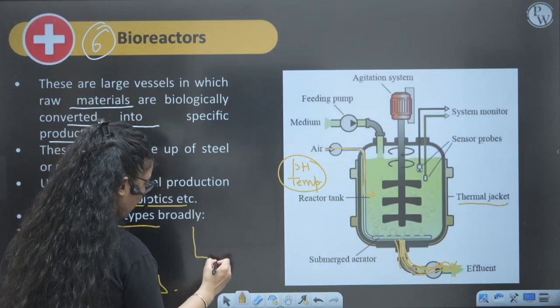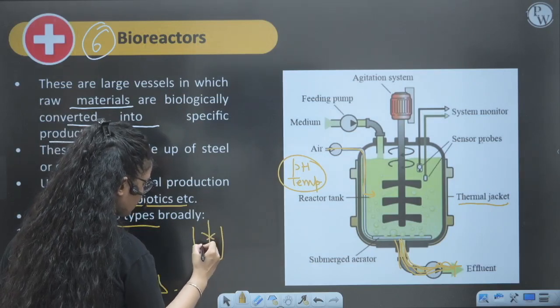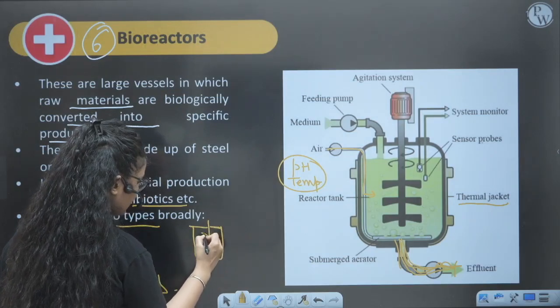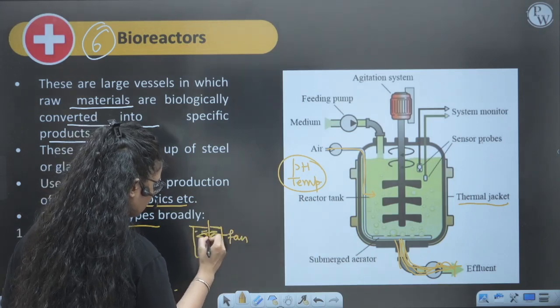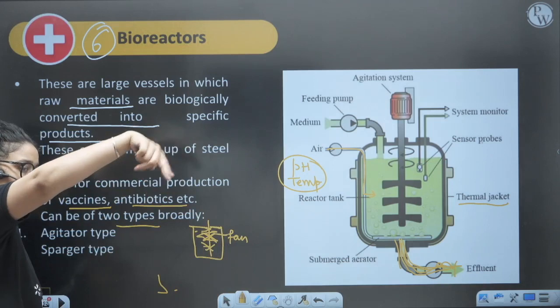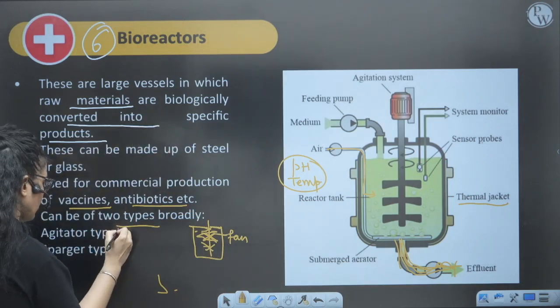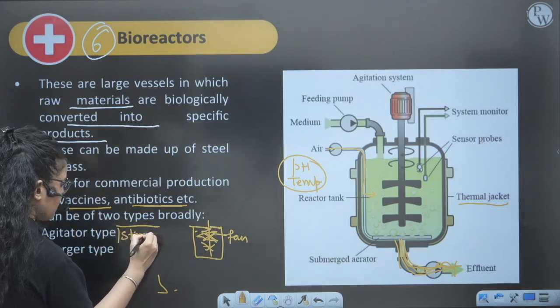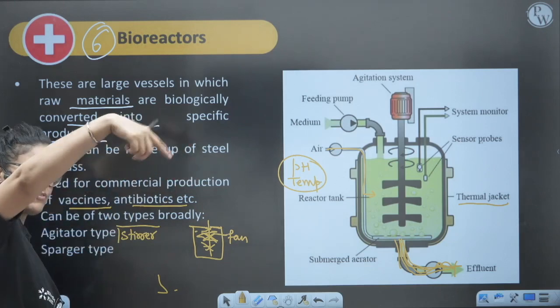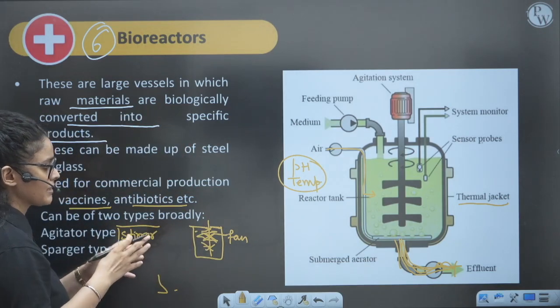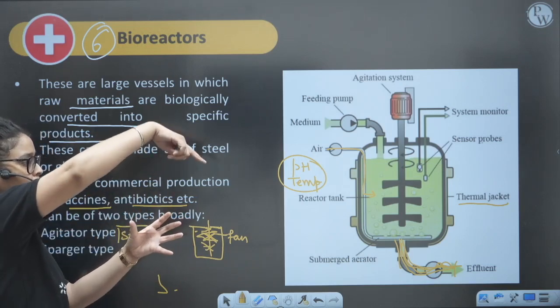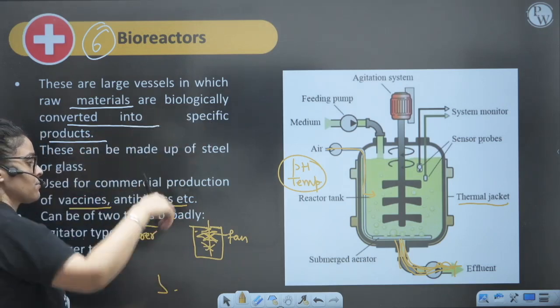So what is the agitator type? Suppose this is the bioreactor, it has a fan system, which we also call a stirrer. Stirring means we rotate it so that it can give oxygen and nutrients to all the organisms to grow, right?